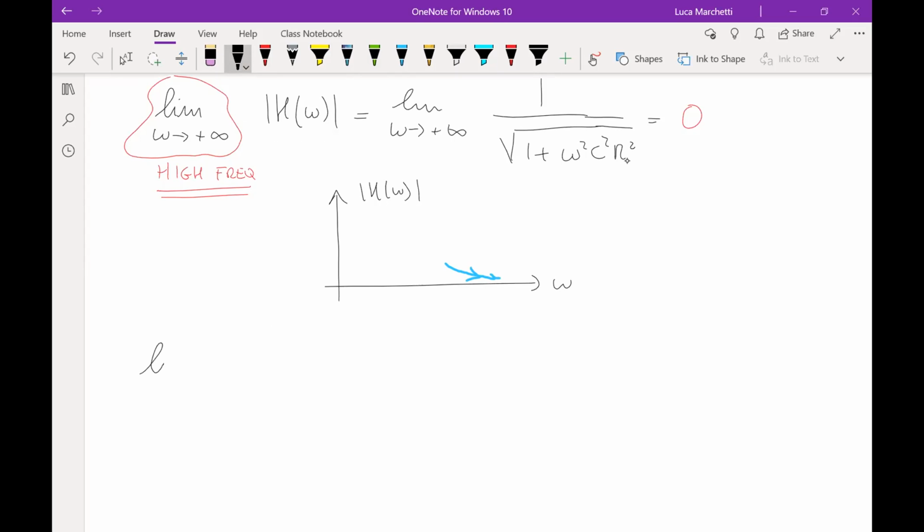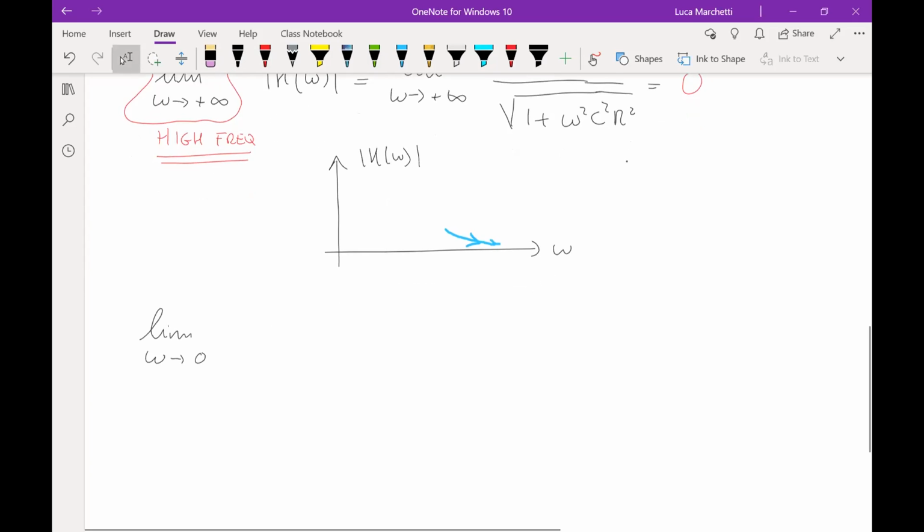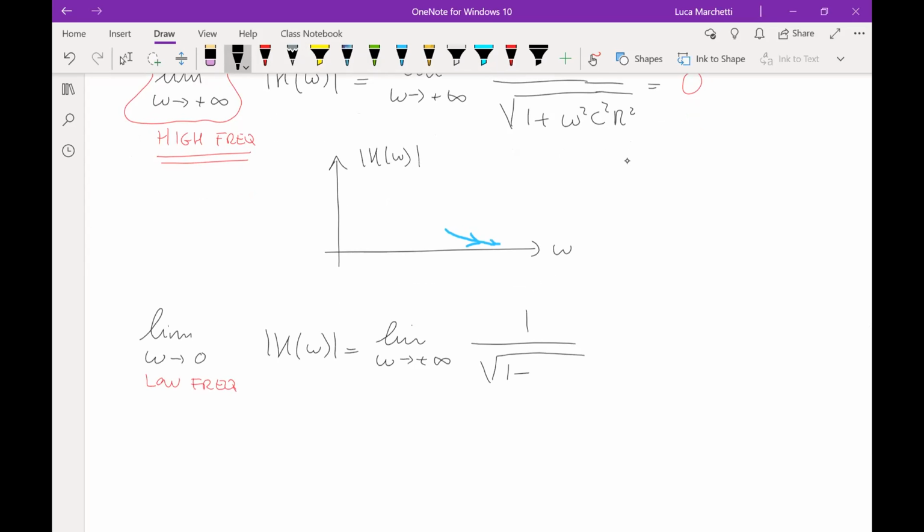Then we repeat the same thing for omega that goes to 0. So we want to study the filter behavior for low frequency. And here we write H of omega equal to the limit of omega that goes to 0 of our function.